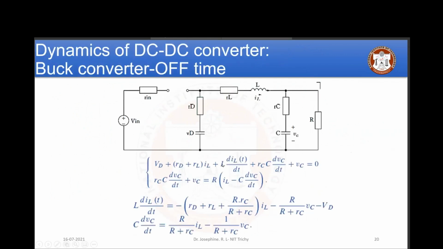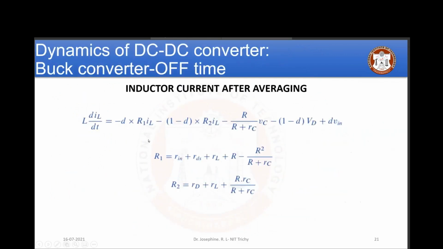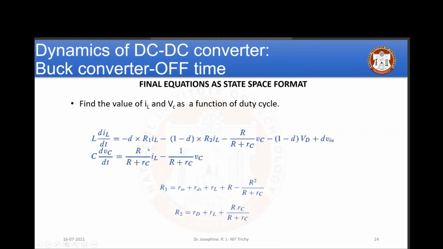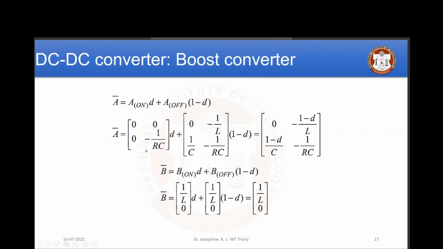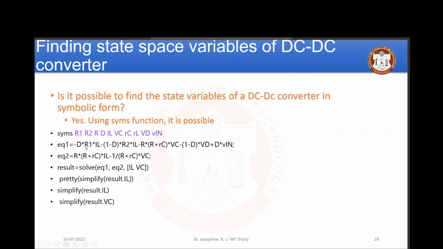But if you take the dynamics of the system, this is how: minus D into R1 minus of 1 minus D into R2. This entire term is multiplied with my IL. If you see here, minus D into R1 into IL minus 1 minus D into R2 into IL, the same equation I have written here.